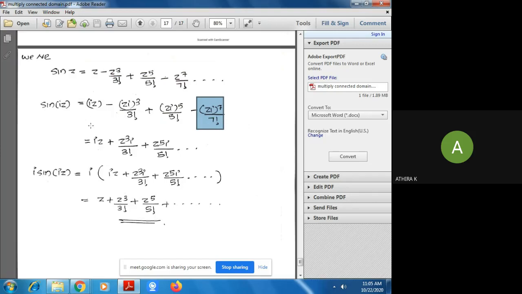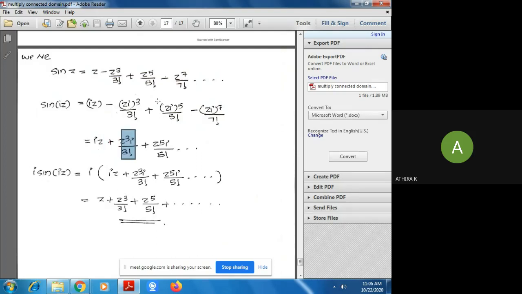This is equal to iz plus zi whole cube divided by 3 factorial, which implies z cube i divided by 3 factorial. Here we have an i, and i cube equals minus i. So this minus and minus i implies plus, and z cube divided by 3 factorial into i.